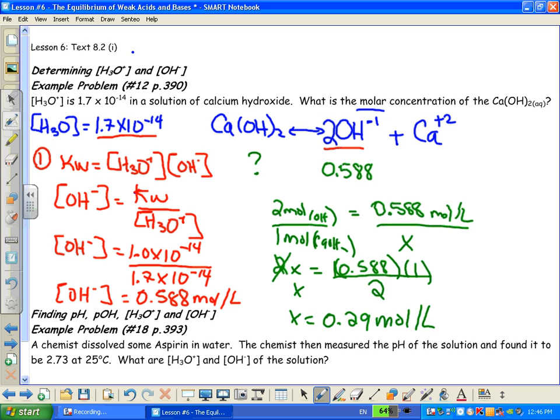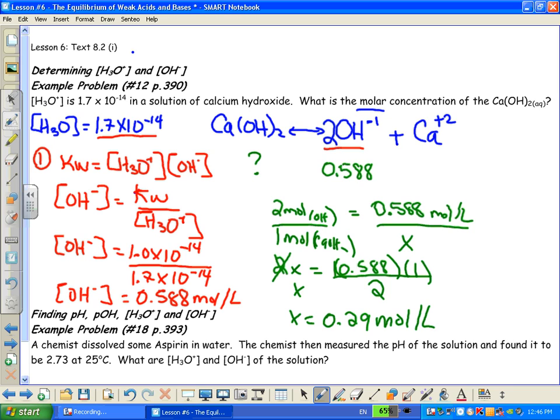Okay, so basically it would be divided by 2 because we have double the amount of moles of hydroxide ions than we do for calcium hydroxide. So by setting up that mole ratio, you can rearrange the formula and figure out that it is divided by 2. So the molar concentration of calcium hydroxide is 0.29 moles per liter.